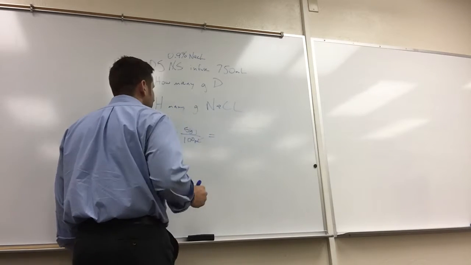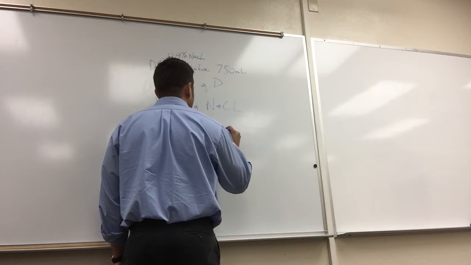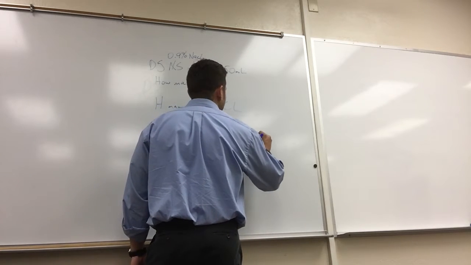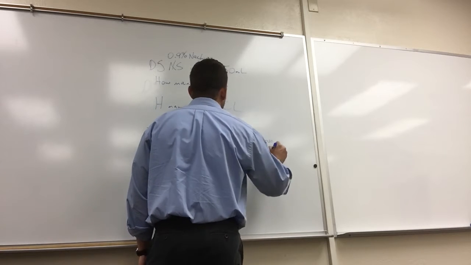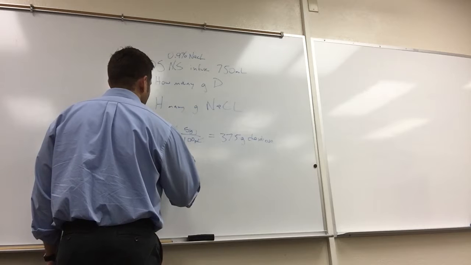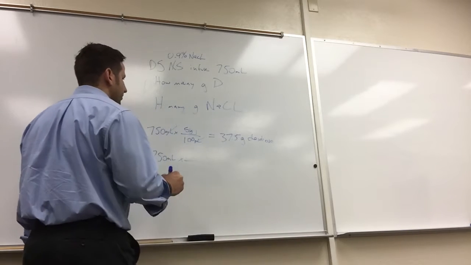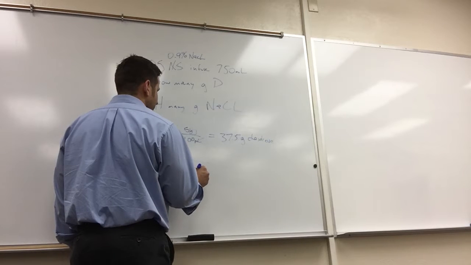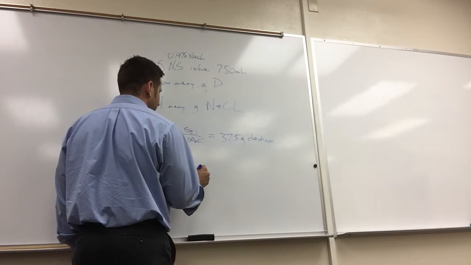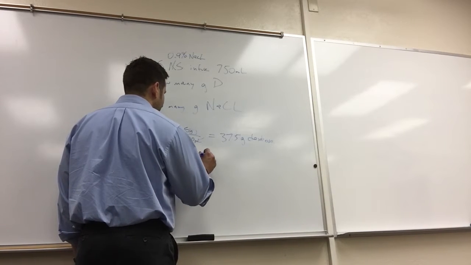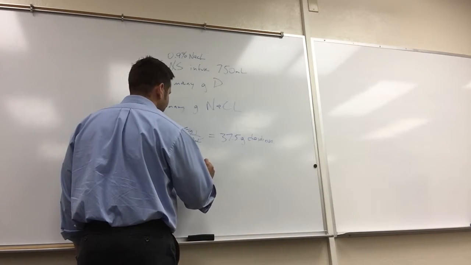Grams, which is dextrose. What's on top and what's on bottom? What needs to cancel out? 0.9 grams on top, because I want grams left and I want mLs to cancel.